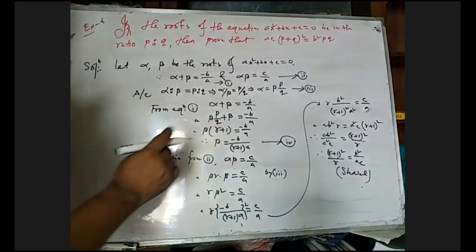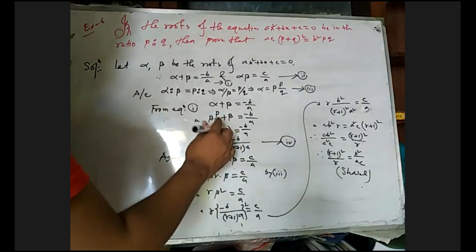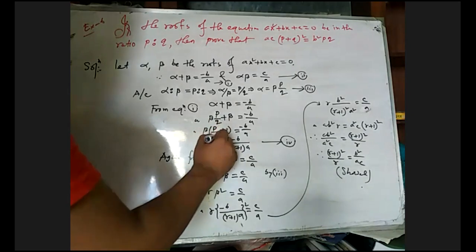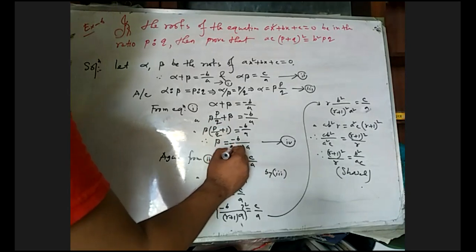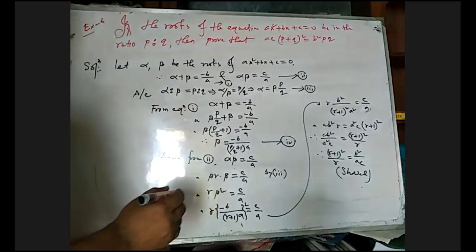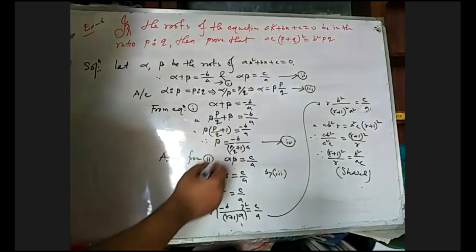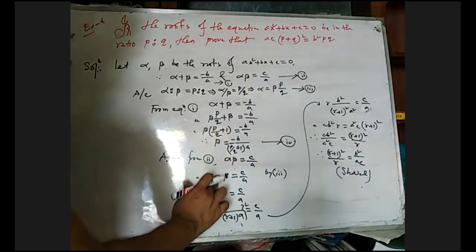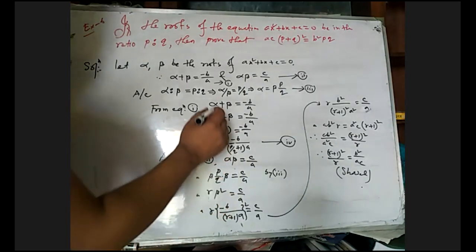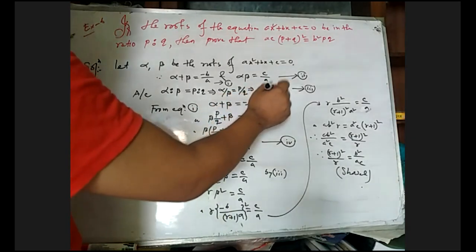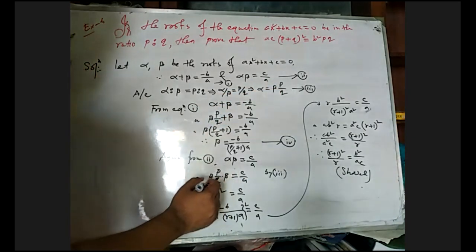Okay, so here we get only p by q, so r will be p by q. Now again from equation number 2, same, p by q. Okay, alpha equals to what? Alpha equals to beta into p by q.